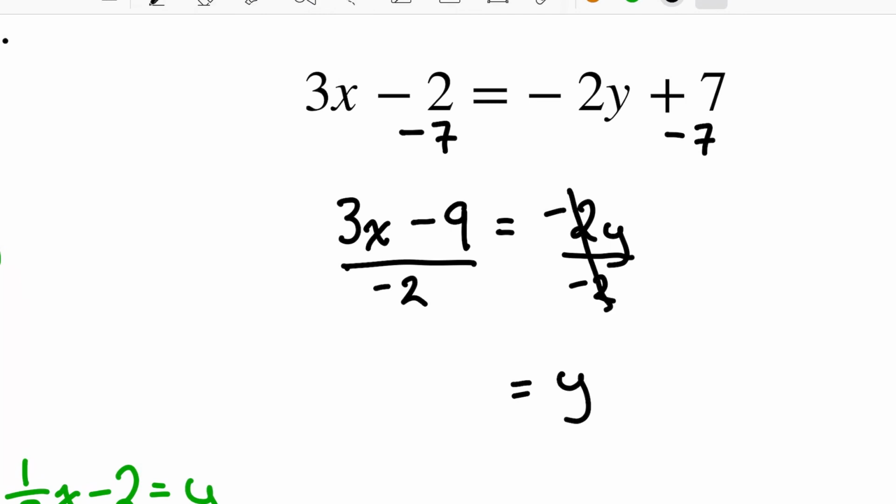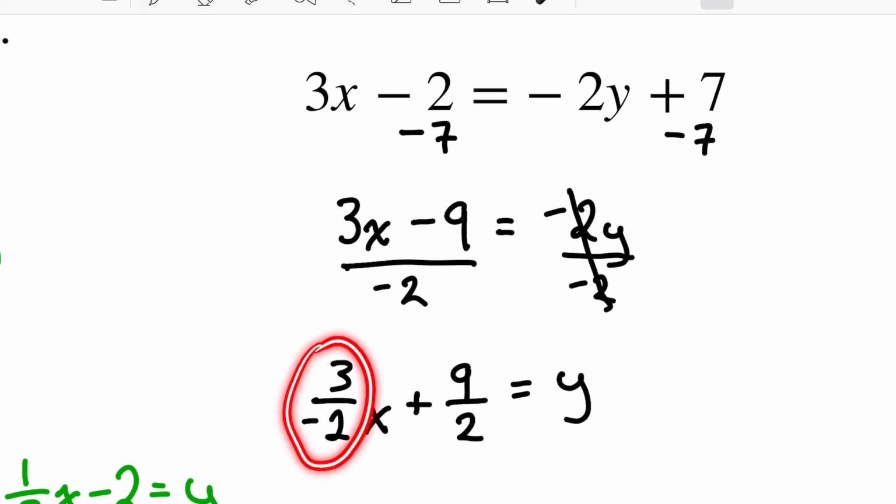Those cancel out. And 3 over negative 2x plus 9 over 2, right? 3x over negative 2 will give us that. And then negative 9 divided by negative 2 will just give us 9 over 2.